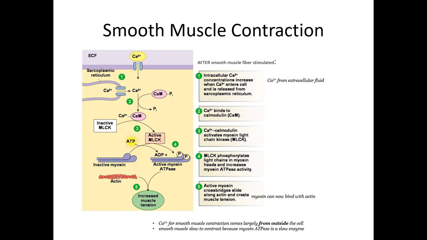So as you can see, it's a little bit different. The ATP is not binding directly to the myosin head. Instead, it's being broken down in the cytoplasm, and the phosphate from that, courtesy of the myosin kinase, is going to be phosphorylating the myosin head.